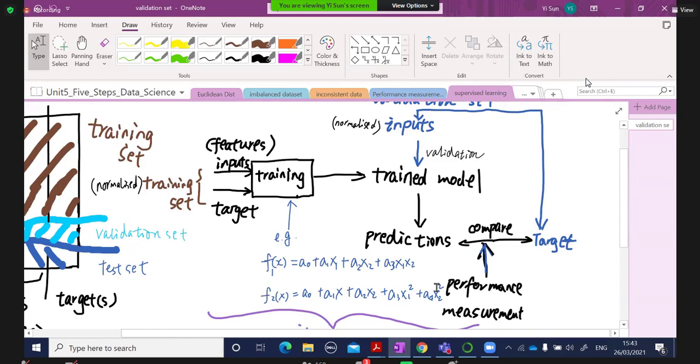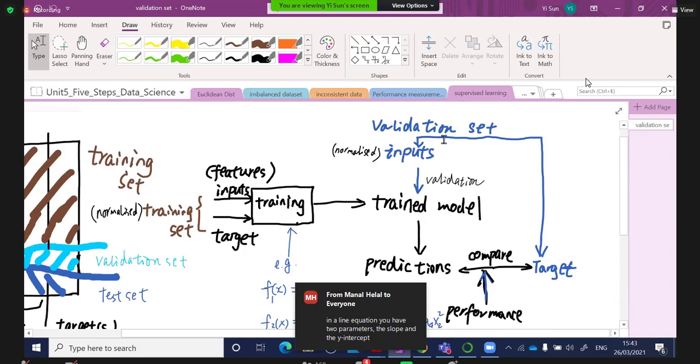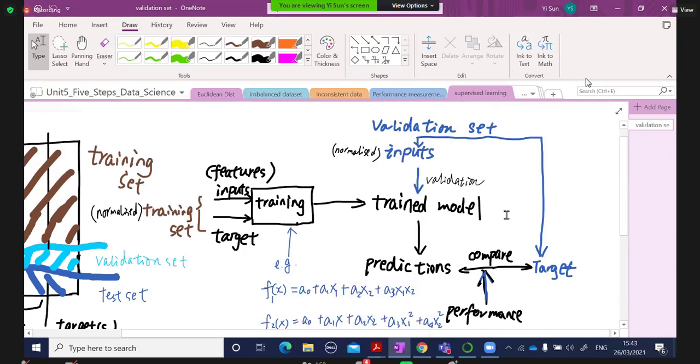To train the second model using the same training set. We use the same training set but a different model, and then we get A0, A1, A2, A3, A4. Once the model is fixed, again we use the same validation set input with the trained model. You get new predictions.